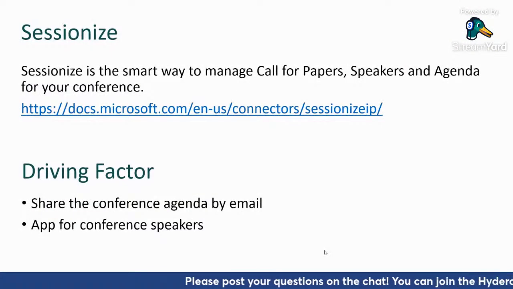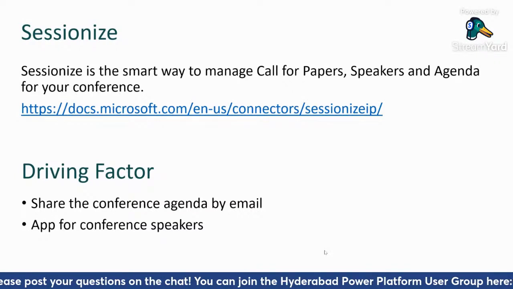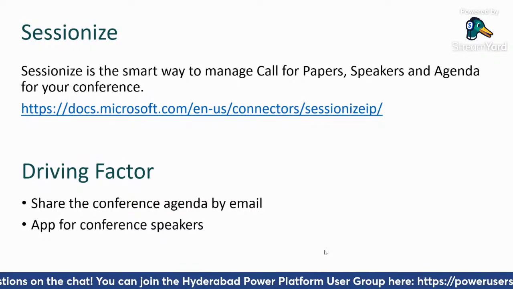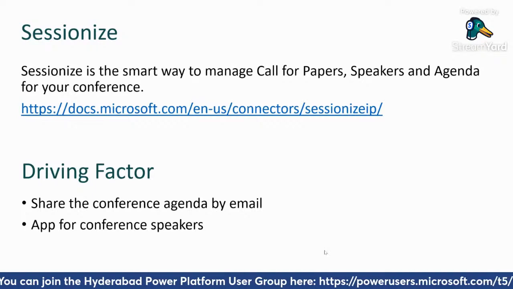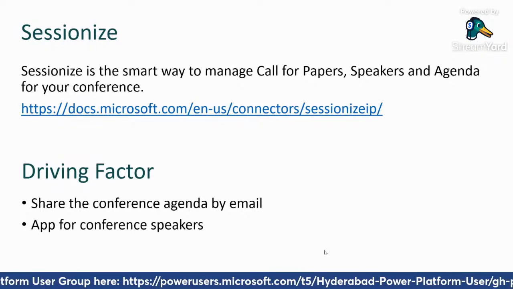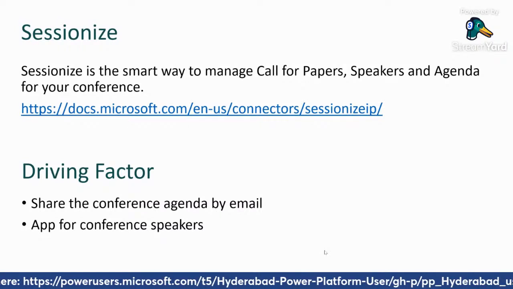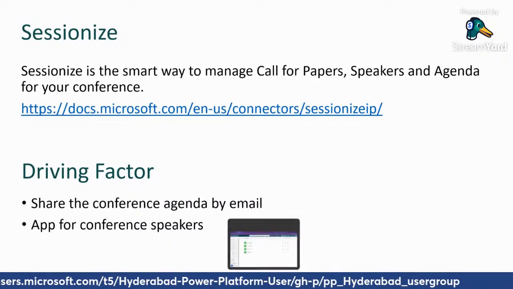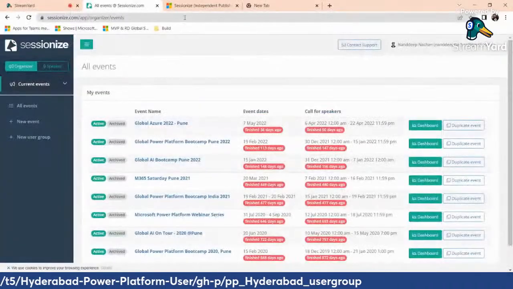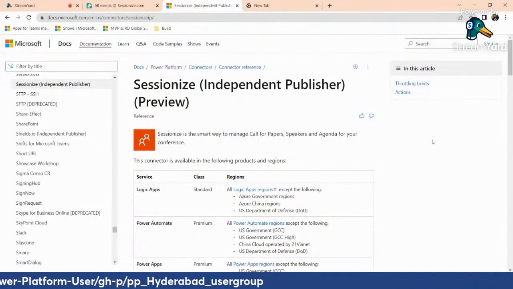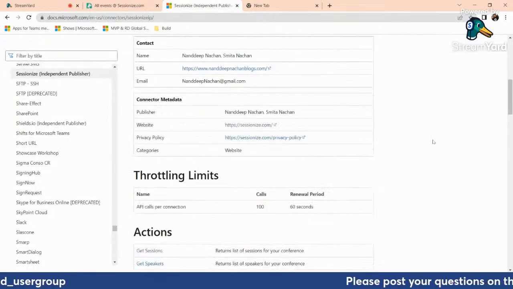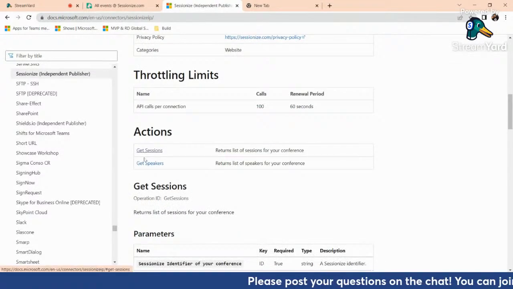The connector does not need any authentication, and once it is set up, it supports actions like getting the list of sessions for your conference, or even the list of speakers for your conference. All that documentation is already available. I will share the link in the chat window as well. So this is the Sessionize independent connector which I had published to Power Automate, and from here you will be able to see all those actions which can be used.